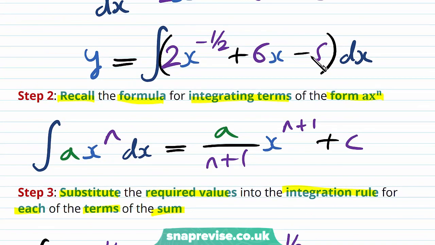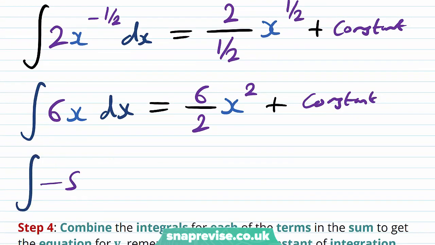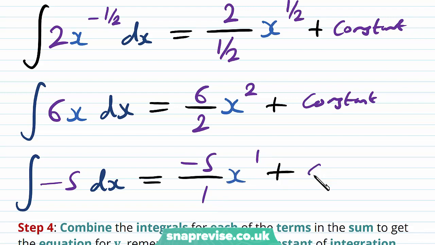Our last integral is the integral of minus 5 with respect to x. This is a constant term, and so when we integrate it, we're going to have a power of 1. So therefore we have this minus 5, we divide by the 1, and we have an x to the power of 1 plus a constant.